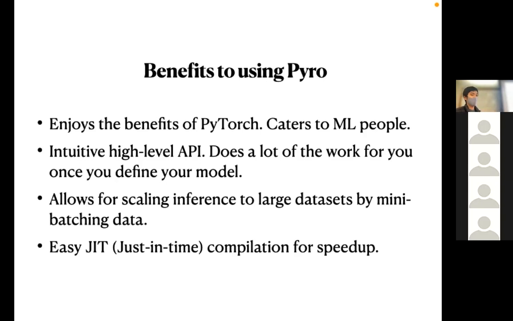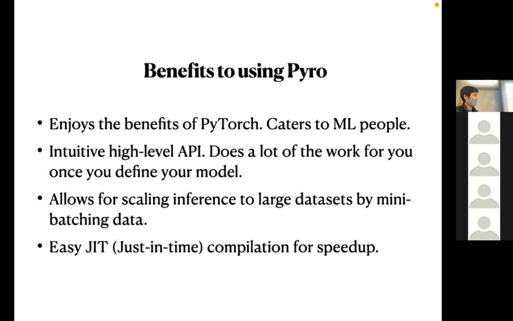So when it comes to basic models, it's really easy to do that. It also allows for scaling inference to large datasets by allowing you to mini-batch data in custom ways. That can be done with custom keyword args to the pyro.plate function. You also have just-in-time compilation, which you might have noticed I had in the MCMC code.